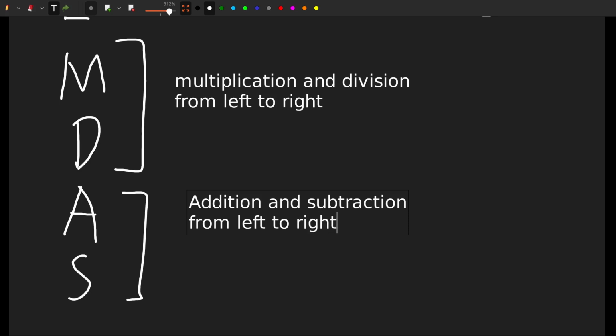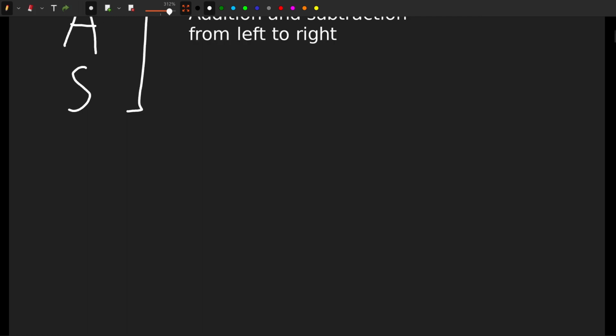And so now that we've talked briefly about PEMDAS, let's actually go ahead and see some examples, because I think it makes a lot more sense when we have examples. I have two examples I'm going to show you in this video, and then in the next video we'll have even more.